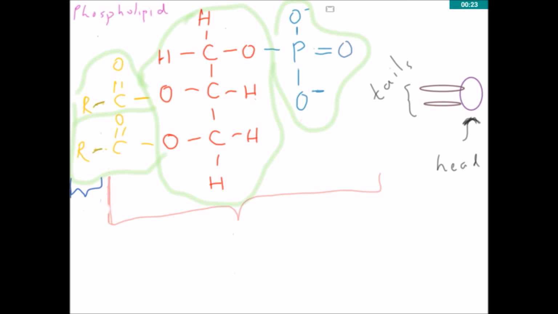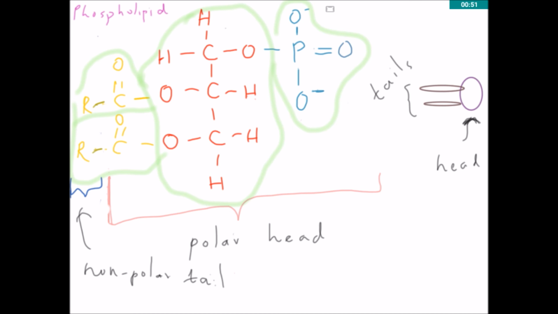So the polar group of the phospholipid molecule forms the polar head, like I have indicated here, and this is the non-polar part, or non-polar tail.